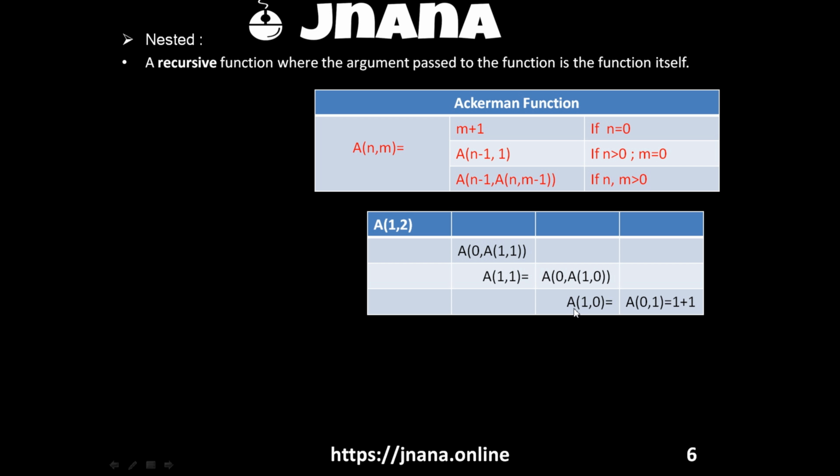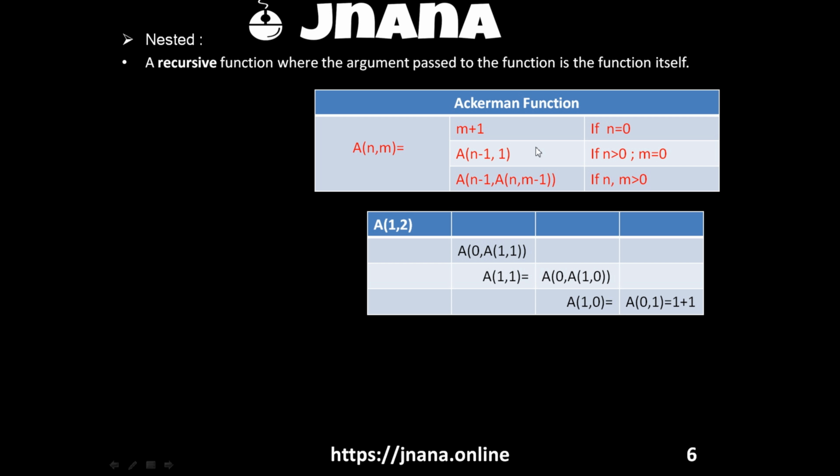Now we want the value of a of 1 comma 0. A of n comma m, where we are trying to find n is 1 and m is 0. So this comes in the second category. M is 0 and n is 1, that means n is greater than 0. That is a of n minus 1 comma 1. N is 1, n minus 1 is 0. So a of 0 comma 1.